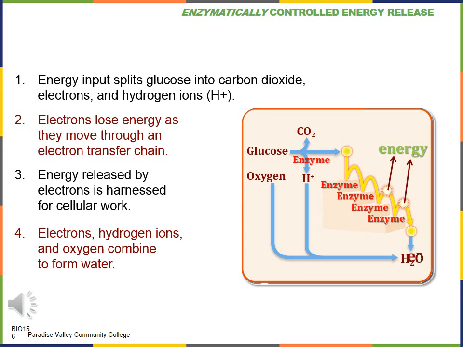So we need to have enzymes for one, helping along with the electrons, slowing down this mechanism in a stair-step fashion. And we say stair-step fashion because we're doing small increments at a time.